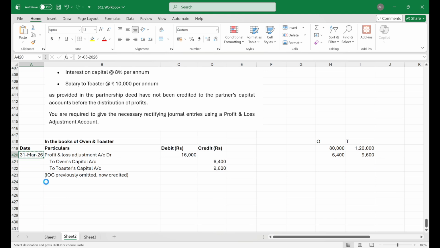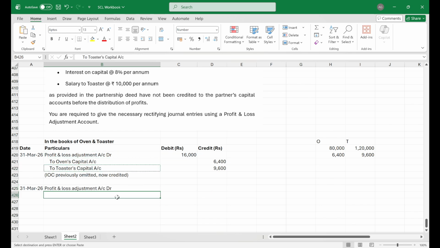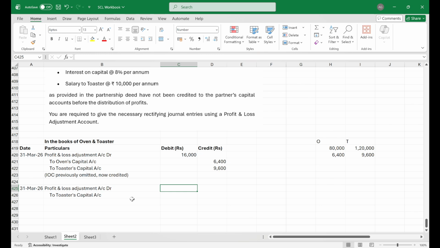Let us write the second journal entry, which is the second error. Salary to Toaster got omitted. Now I will provide that salary. So here the entry again will not be salary account debit to Toaster's capital. Rather, it will just be P&L adjustment account debit to Toaster's capital account. That's it. And the salary is flat 10,000 rupees.